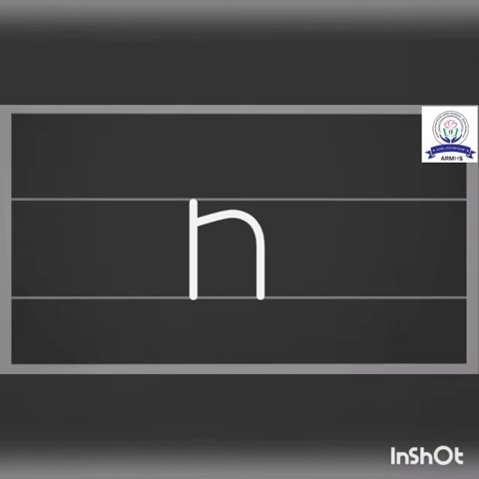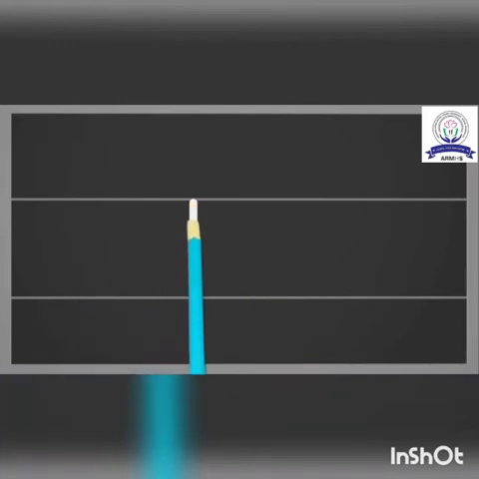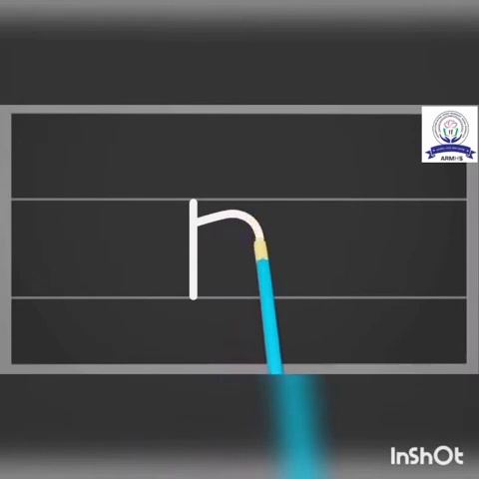Next letter small n. Start from the middle and make a standing line to the bottom. Go to the middle and make a curl, touch the bottom. Small n.